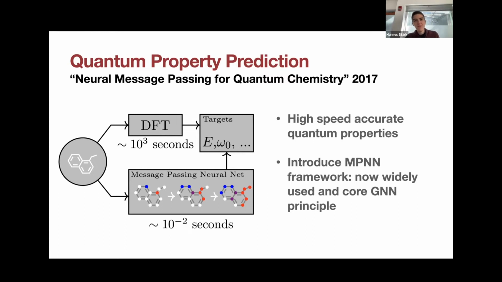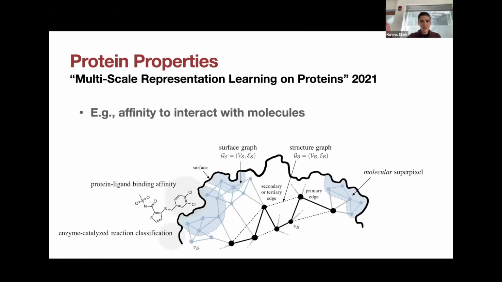Okay, but then I also want to get to proteins, right? We said we don't only have to operate on small molecules. We could also have a graph neural network operating on large proteins. And in 2021, we had this ICLR paper, I believe, where we have just the graph of a protein with the amino acids, as we described, like this coarse-grained representation, but we also have a summary of a more fine-grained representation on the surface, where we consider some atoms close to the surface.